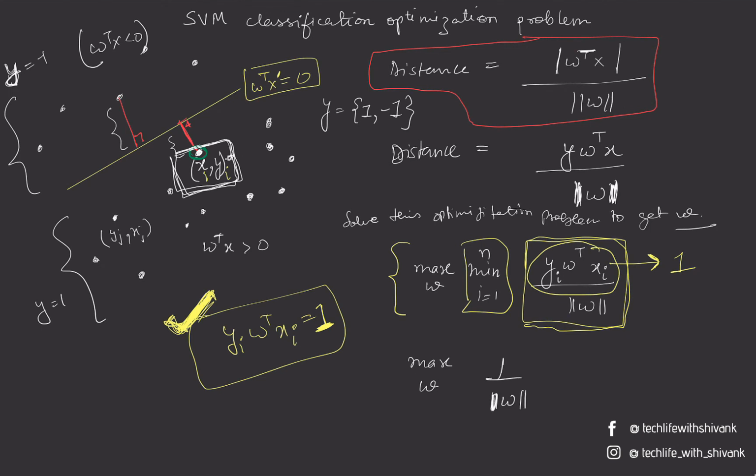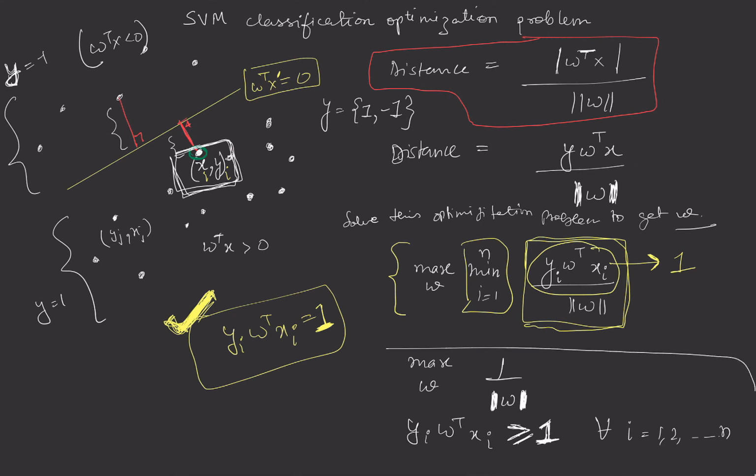But we have to also include in our constraints the assumption that the numerator is 1, and this assumption can be included by this constraint that yi w transpose xi should be greater than or equal to 1 for all i belonging to 1 to n. So for all the data points, the numerator yi w transpose xi can be either equal to 1 or greater than or equal to 1, but it cannot be less than 1.